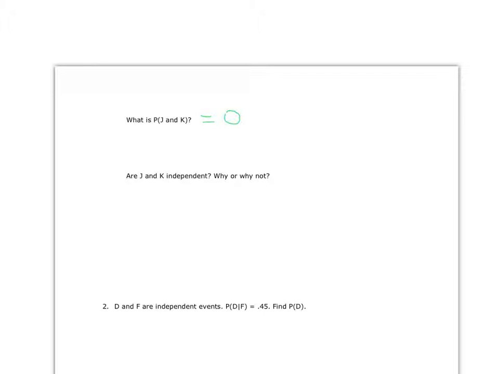Next question: are J and K independent? Why or why not? We have to do a little bit of work here to figure that out. So let's test to see if the probability of J equals the probability of J given K. We're given that the probability of J is equal to 0.35. Does that equal the probability of J given K?